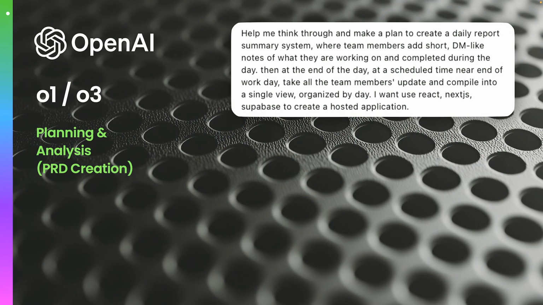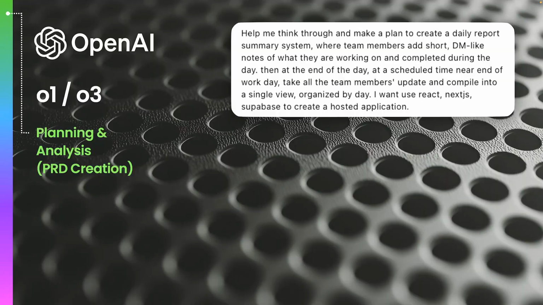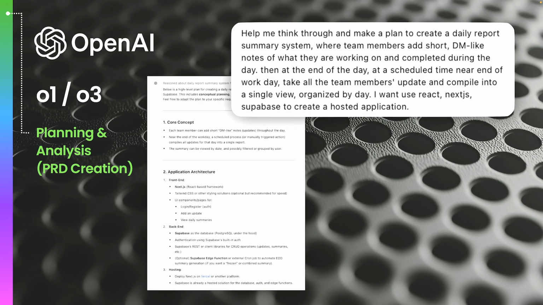Looking at the OpenAI model, one example of this is, let's say I want to make a daily report summary system. Instead of just saying, hey, code this, if I go into Cursor, it wouldn't know what to do, because this could mean so many things when I just say I want a DM and then I want a schedule. But if I send this text with no context beyond the prompt to O1, it starts giving me a plan for the application architecture for the front end and back end.